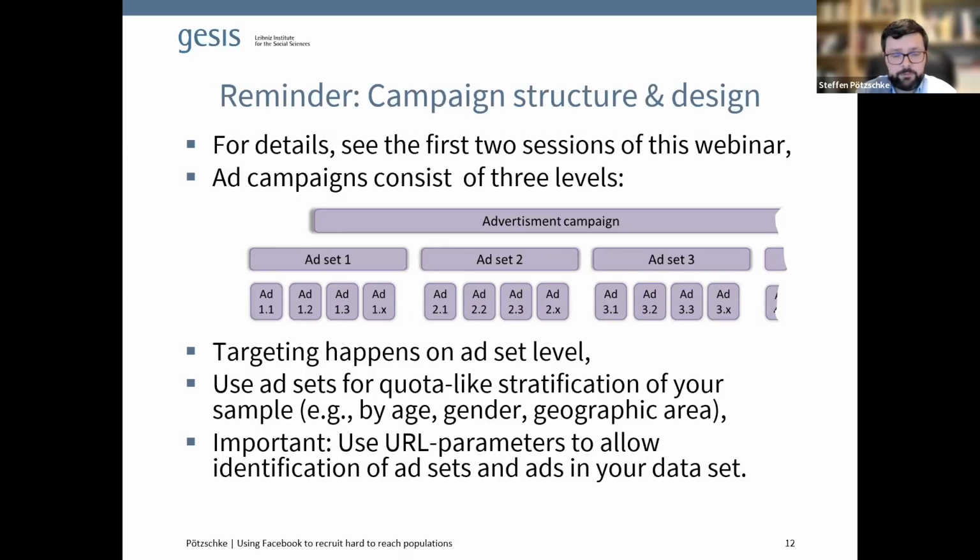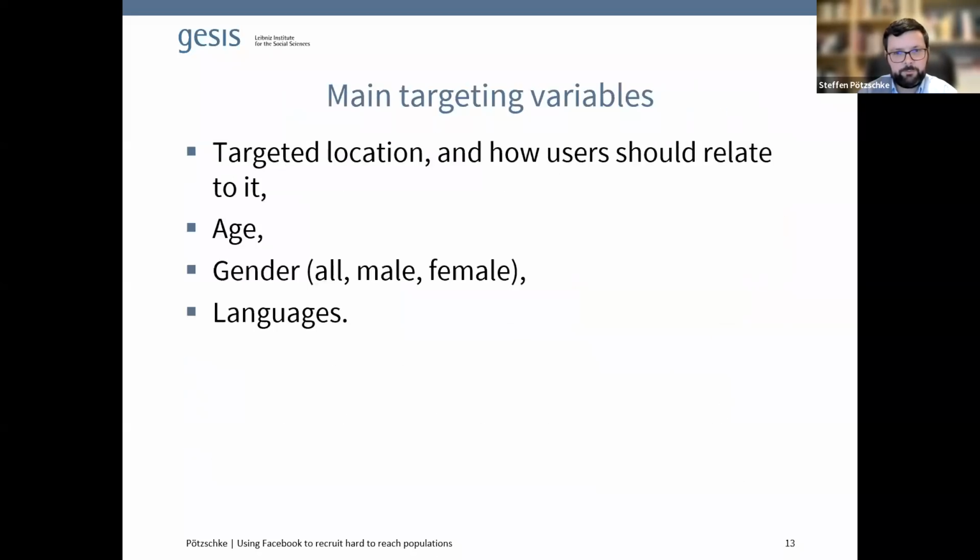I am not going to go into detail here, but basically these parameters will allow you to tell exactly for every observation in your data set which ad set or even which advertisement those respondents came from. And this can be very important if you want to have a closer look at the mechanisms behind your targeting approach.